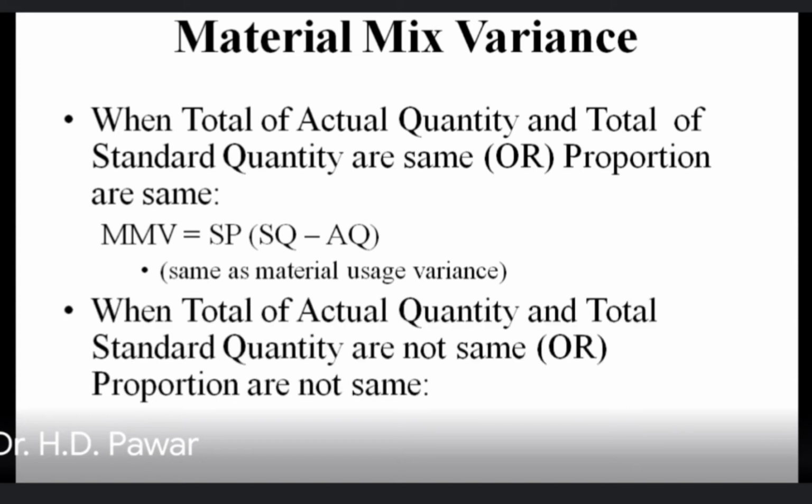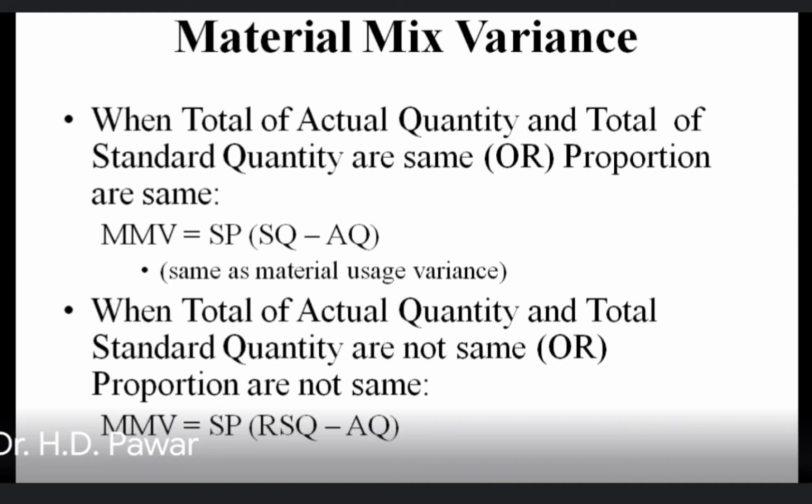When the total actual quantity and total standard quantity are not the same, or the proportions are not the same, if it is unequal, then the material mix variance is calculated by a different formula.